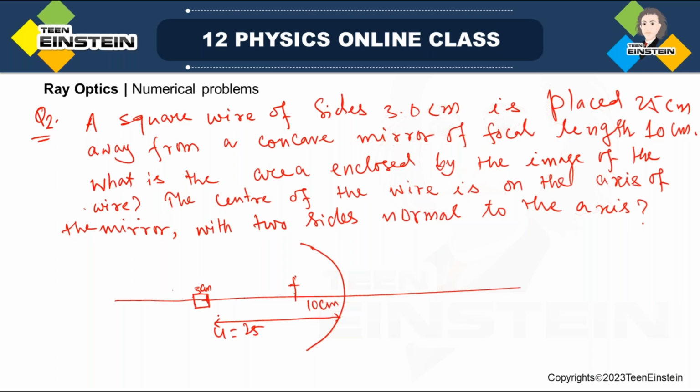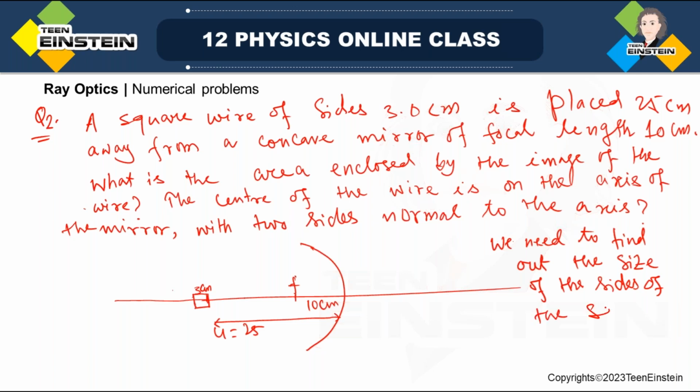We have to see for the image what will be the sides in the image. So we need to find out the size of the sides of the square.